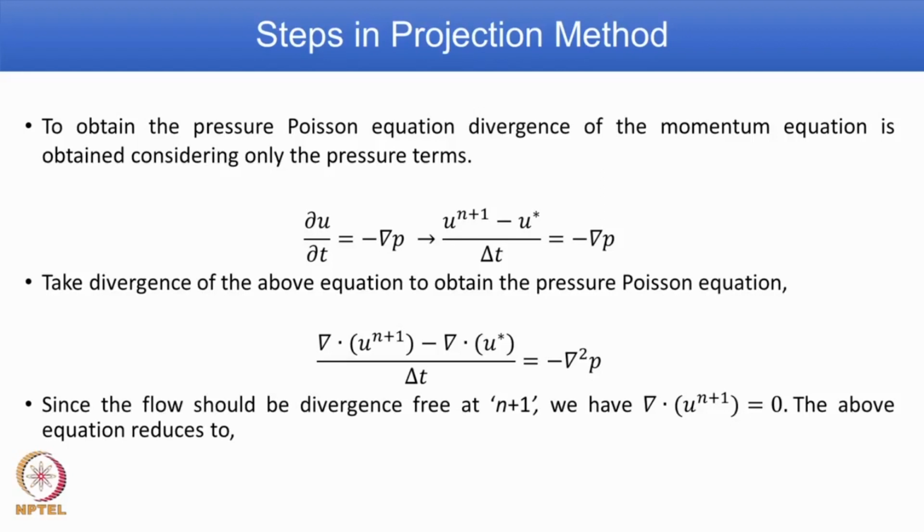Since the flow should be divergence free, that is the meaning of del dot v equal to 0. In other words, continuity is satisfied. At the new time level n plus 1, we have to have the condition del dot u n plus 1 equal to 0. Now, using this condition, the above equation gets reduced to what is shown here, minus del dot u star by delta t equal to del squared p, and this equation is what is known as the pressure Poisson equation.